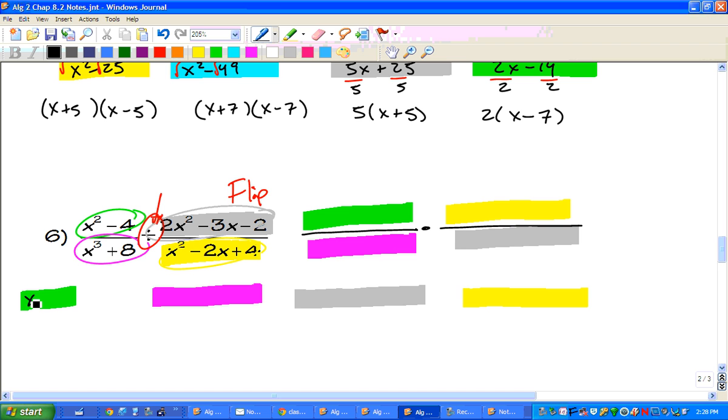So x squared minus 4, you guys should know that that's the difference of two squares, so we get x plus 2, x minus 2. Now x cubed plus 8: you have to take the cube root of everything, it's x and 2.